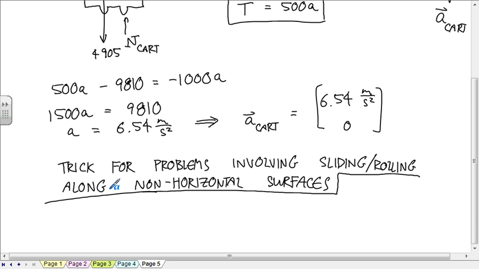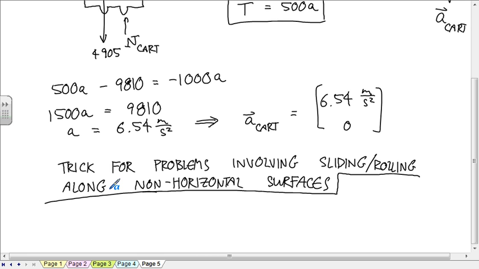But when I first started talking about vectors, I was talking about how we can always choose the coordinate system as long as you follow the rules. Remember, x and y have to be perpendicular, and you can have a rotated version of the standard coordinate system, but not a flipped version.